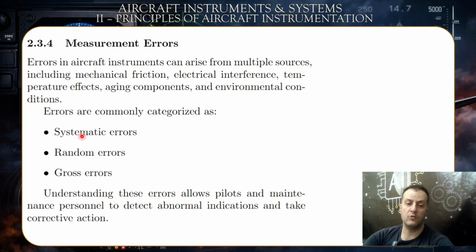Now, random errors can be random, like for example, when we talk about electronic systems, you have a binary system that is converted to a system of numbers when it comes to readings of different instruments. So it can be a binary fault for some reason that would lead to an error value.